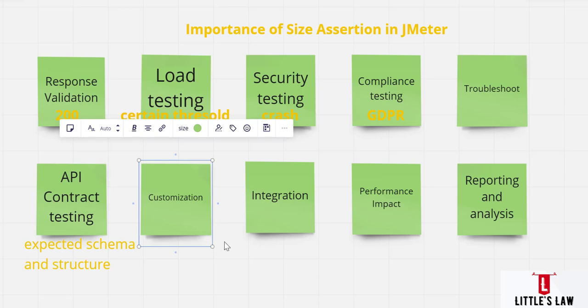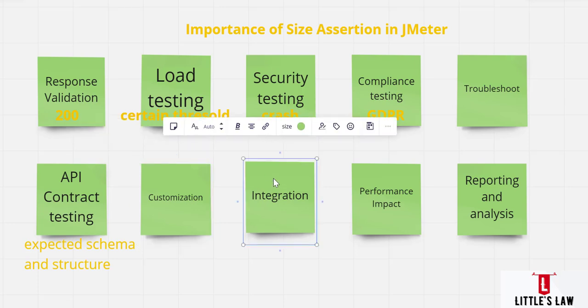We can also specify the size threshold in bytes, kilobytes or megabytes, and choose whether the assertion should pass if the response size is greater than, less than or equal to the specified threshold.